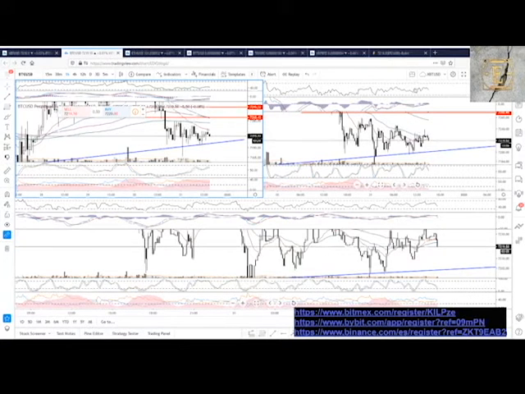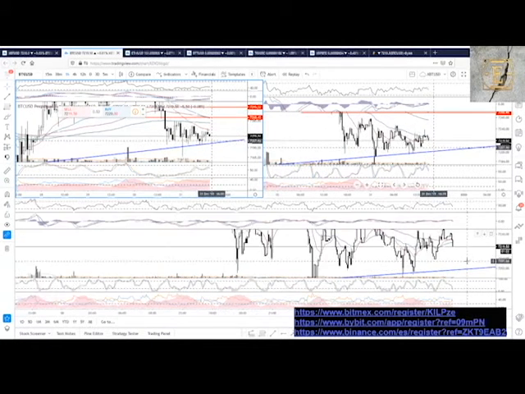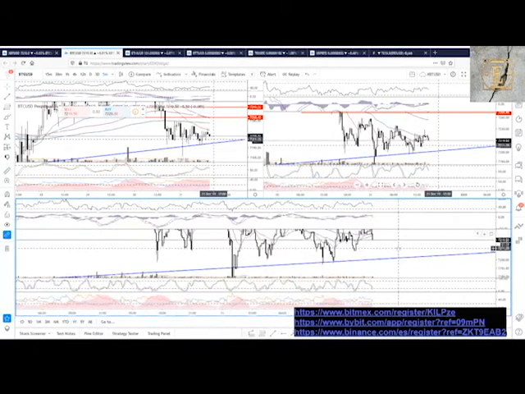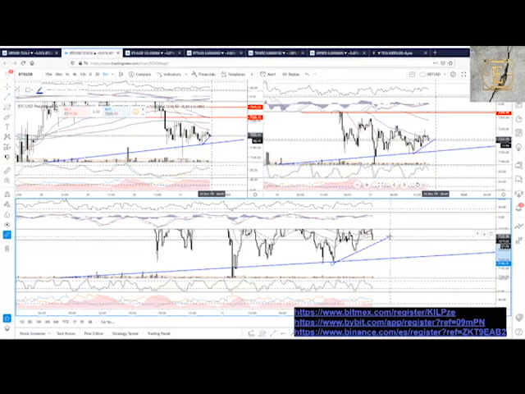I'm liking this live. Seems pretty easy. Okay, here is a clear trend line.